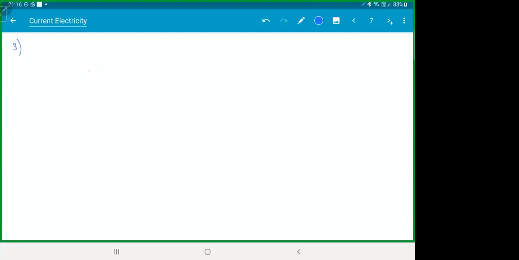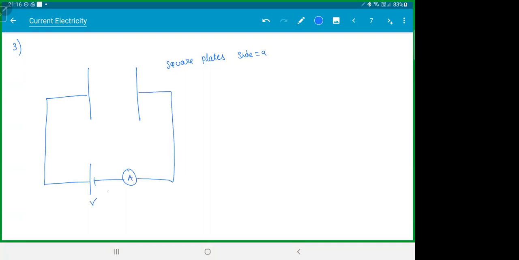So let's say we have a capacitor, square plate side A. This is connected to a battery with an ammeter. Voltage V, the distance is D. Here we have a dielectric slab of exactly the same width.